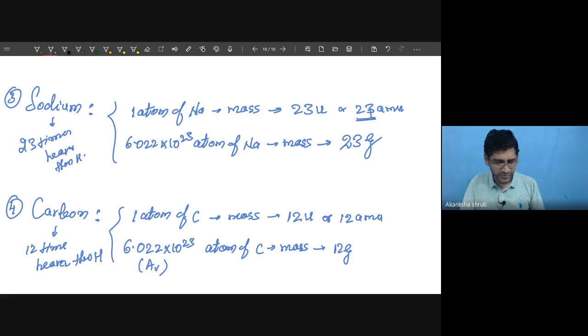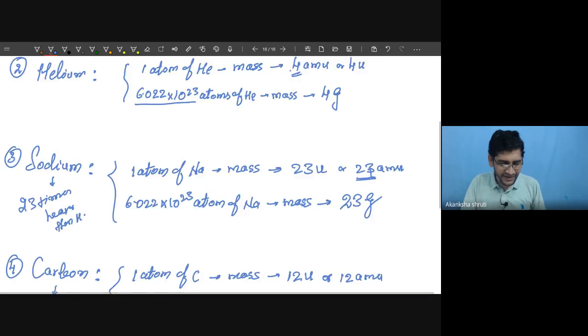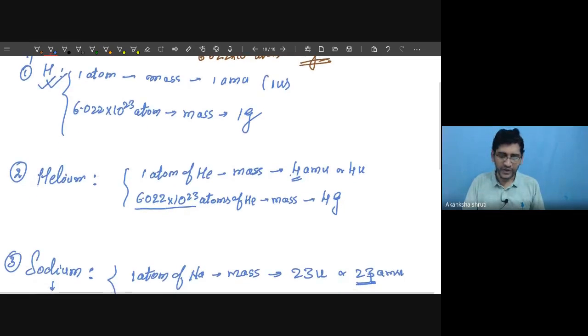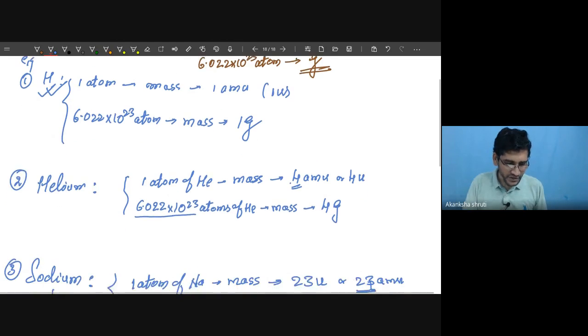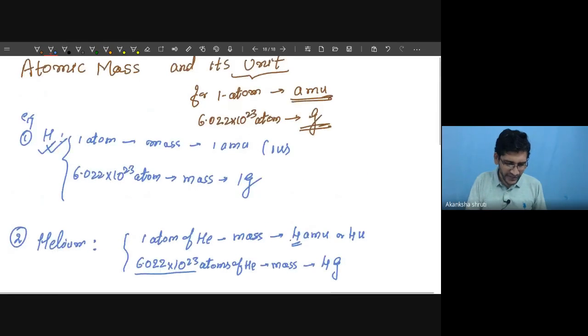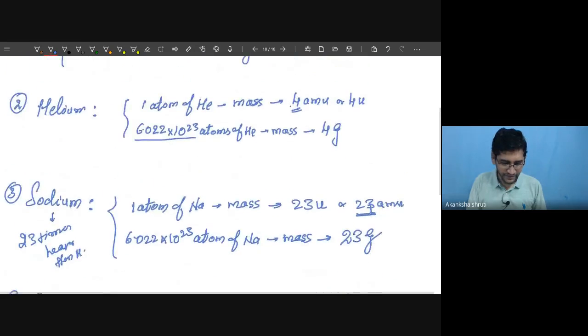So, student, what we are observing is that these masses are nearly unique or different for different elements, though we will learn later that if there are isobars, they may have the same mass. That we will learn later. So here we are observing that different elements have different mass.